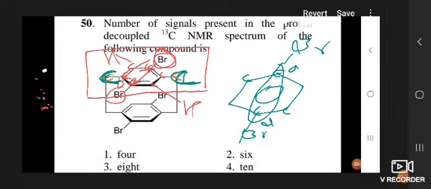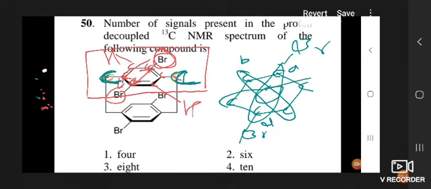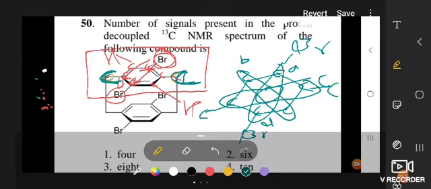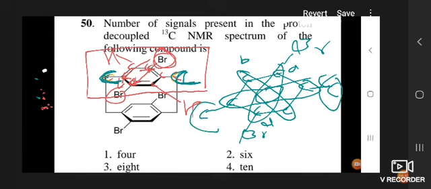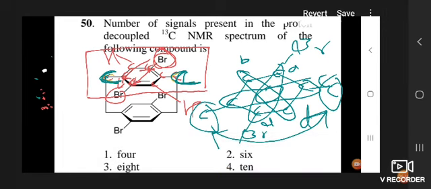Now these two carbons form the same group, suppose they are B, and these two carbons also form the same group, so it is C. And to these C carbons there are two carbons attached, and these two carbons are again the same. So there are four different sets, that means four different C13 NMR signals are possible.